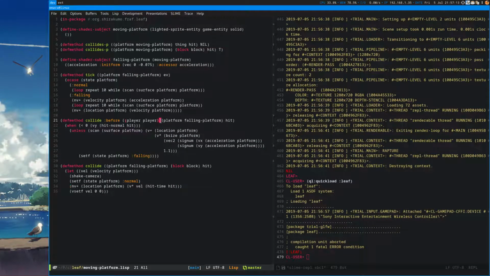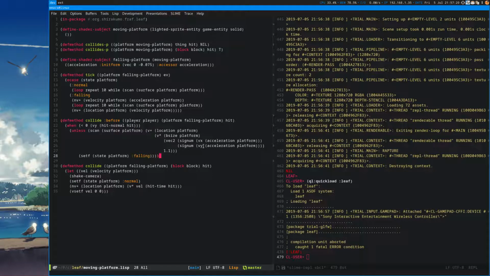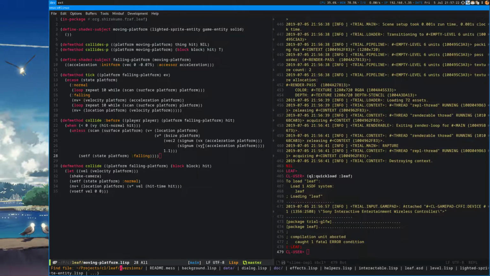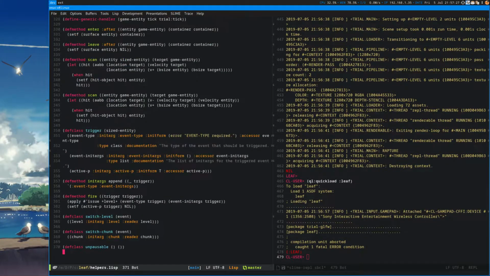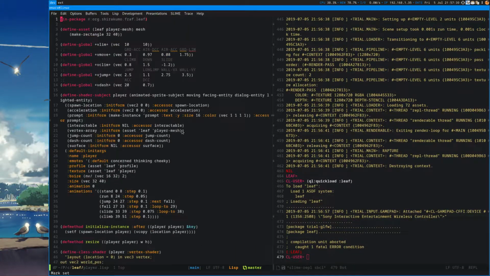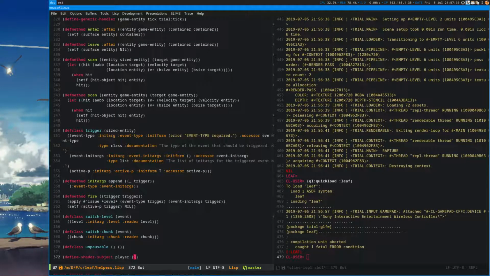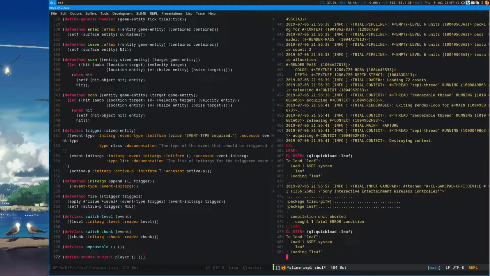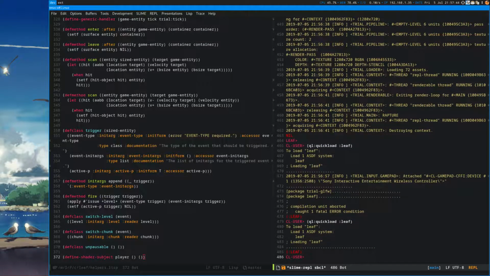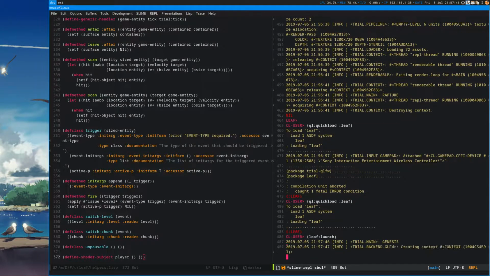Right, so I can't do that. Honestly, how do I deal with this? Maybe I just do that, maybe? Oh, that's another kludge right there.